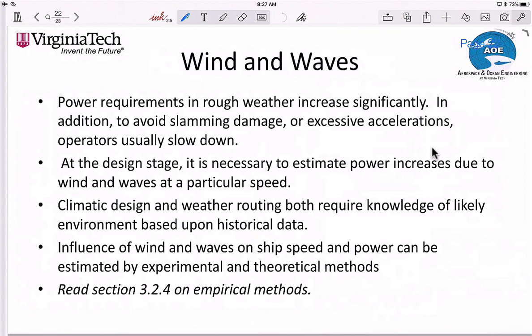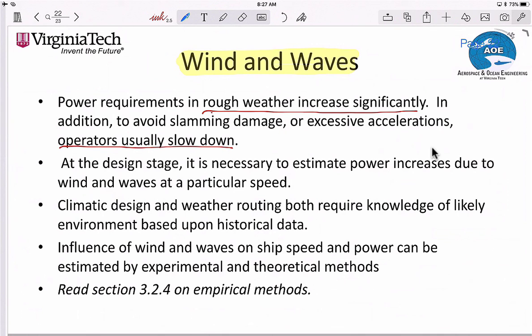We also know that resistance goes up with wind and waves, okay? So the power requirement in rough weather increases significantly. Rough weather increases the resistance significantly. Also in rough weather, operators usually slow down, right? Because if the bow is slamming into the waves, usually it'll slow down.